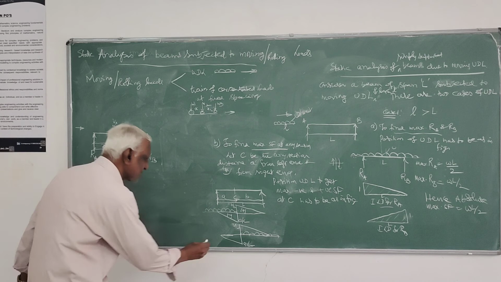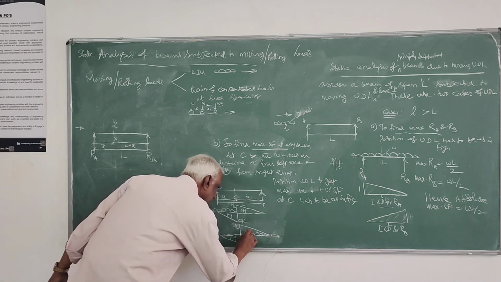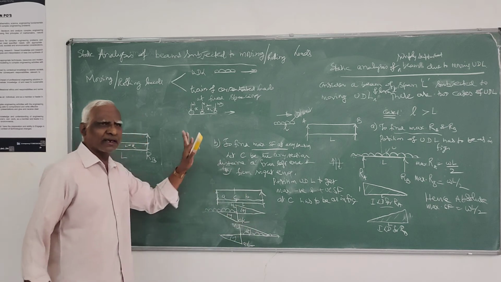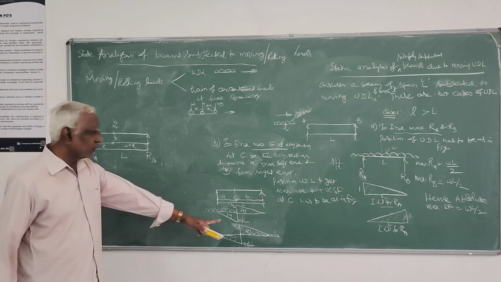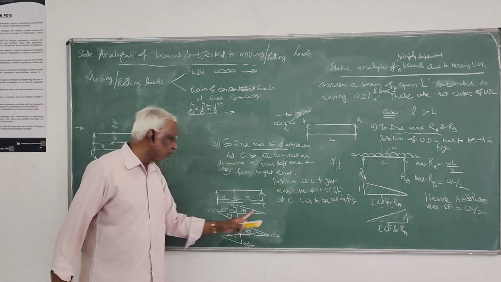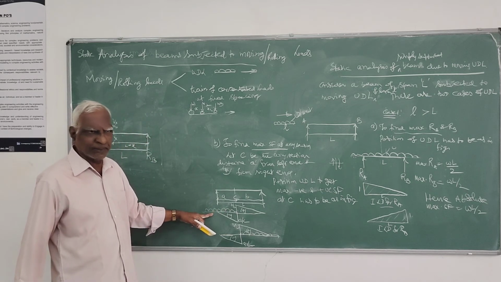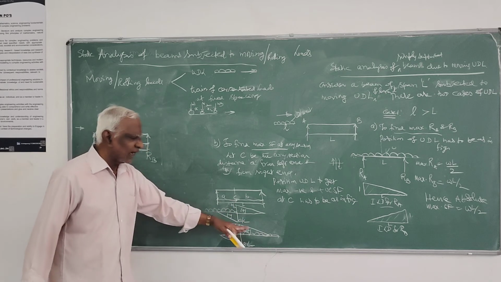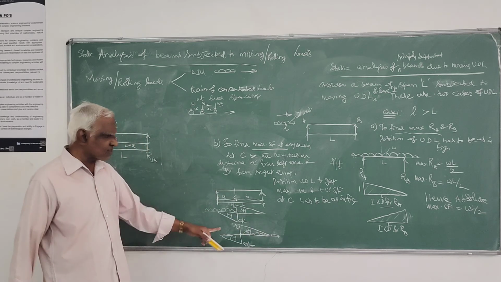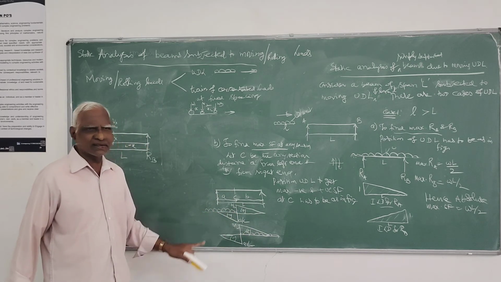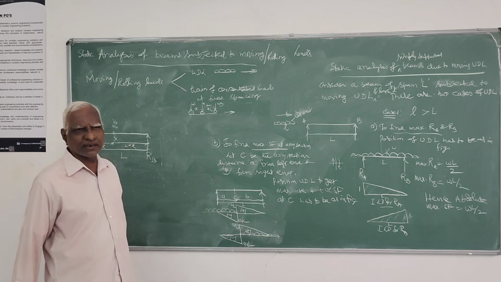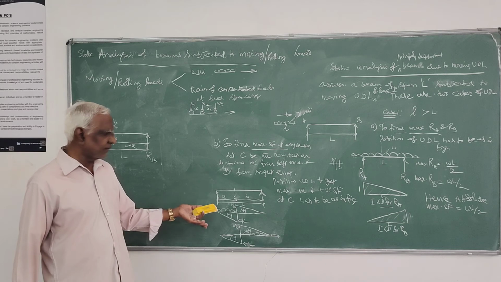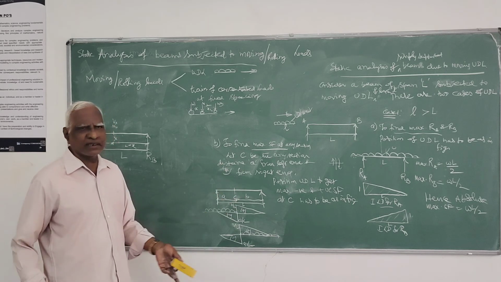Because this is negative and this is positive, no portion of the negative part should be loaded by the UDL. That's all. So the position of the UDL to get maximum negative shear force and maximum positive shear force has to be as shown in the figure. For this position, we can find the maximum negative and positive shear at any section.